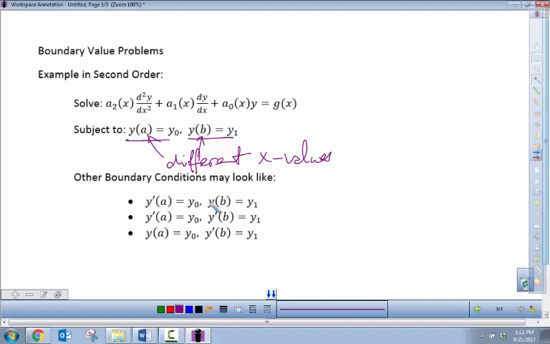So the process will be the same for the initial conditions and the boundary conditions, except when you do that, you solve for C. And here, you may not be able to find C values that work. So to answer your question, we would have already solved for the general solution, and then we just won't be able to find the C values.